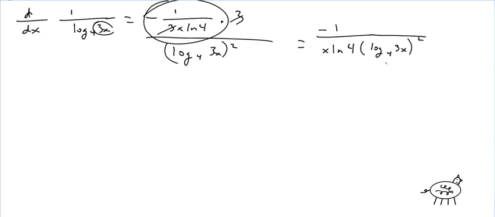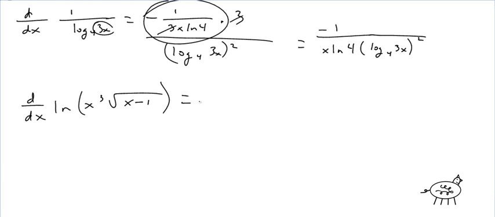Okay, another example. Just got lots of examples here, math fans. d by dx of ln of x cubed times the square root of x minus 1. Now, I think actually this is probably easier to do with properties of logs, because otherwise you're going to do 1 over that, and then you're going to have to do the product rule with x to the 1/2 power, and actually it's a little nasty.